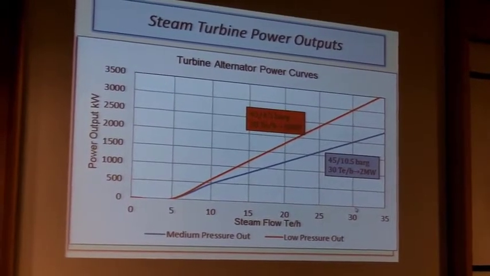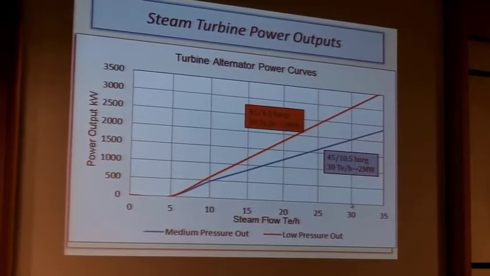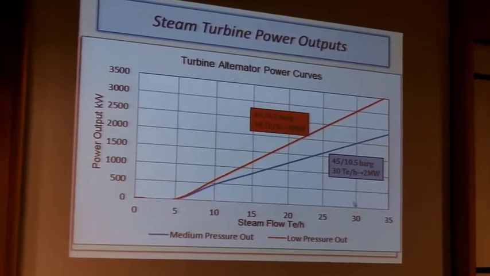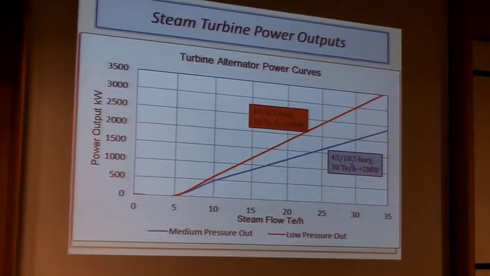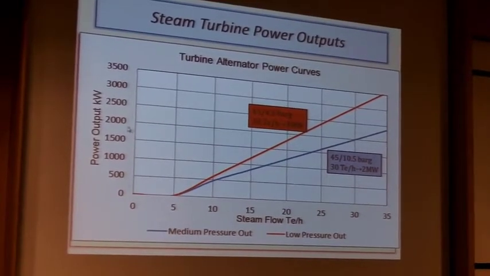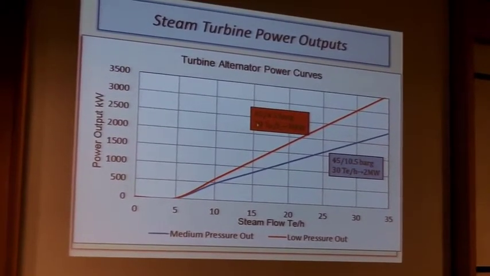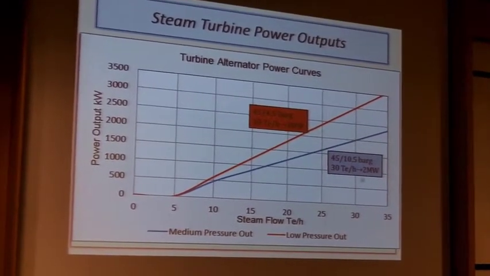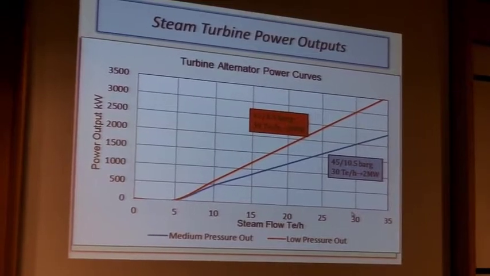But if you look at the one which is doing the turbine generator from 45 to 10, for 30 tonnes of steam, they're getting 2,000 kilowatts. If they go from 45 to 4.5, they get 3,000 for the same steam.